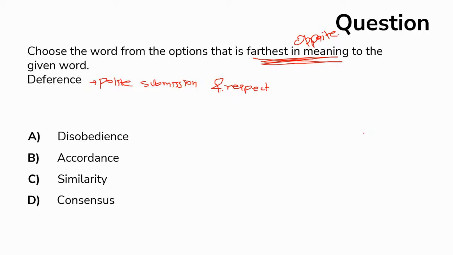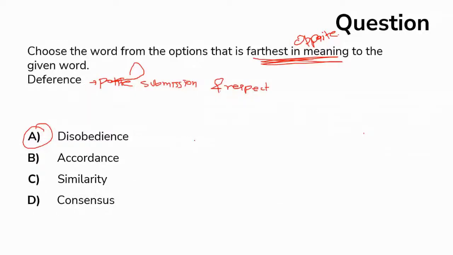From the given option, it can be seen that similarity, accordance, consensus are positive words. Hence, the answer should be disobedience, which is a negative word. So, disobedience will be the answer for this.